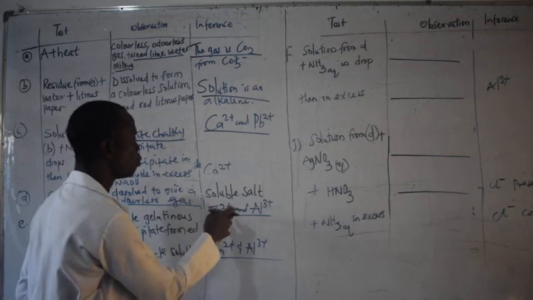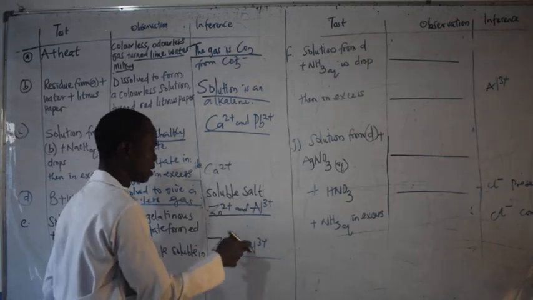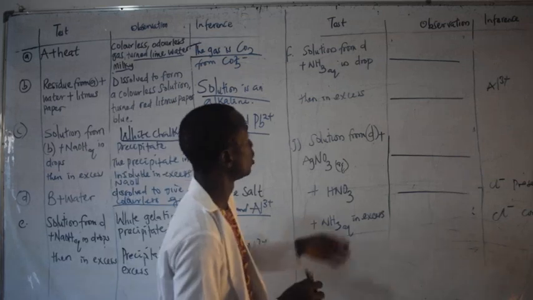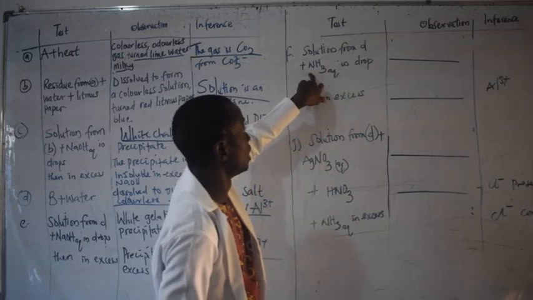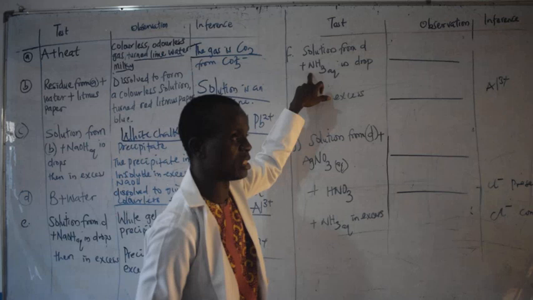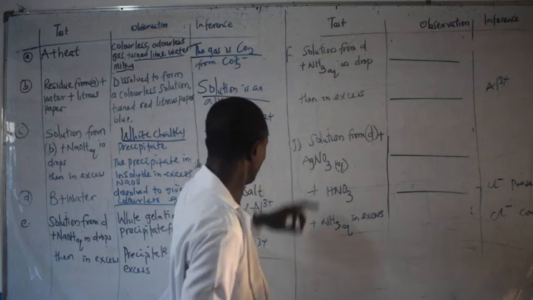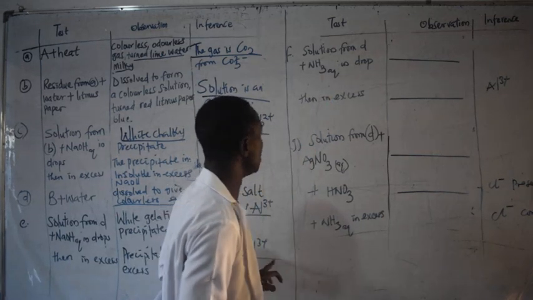But how do you know which one is present in what you are testing? That's why we are going to use ammonia, which is a confirmatory test, to know which one is present. Is it aluminium? Is it zinc?